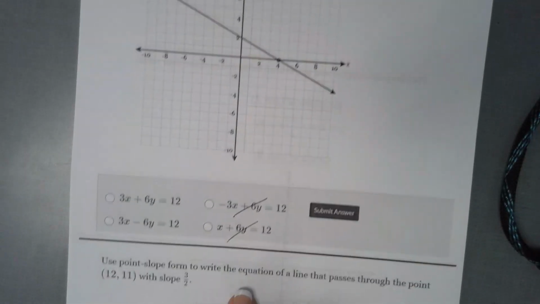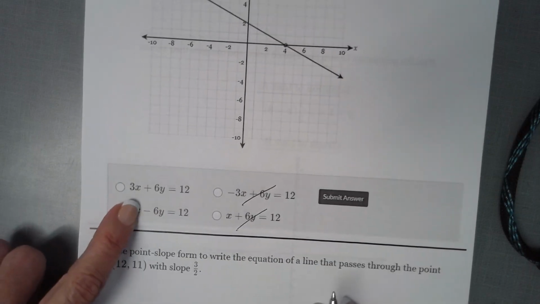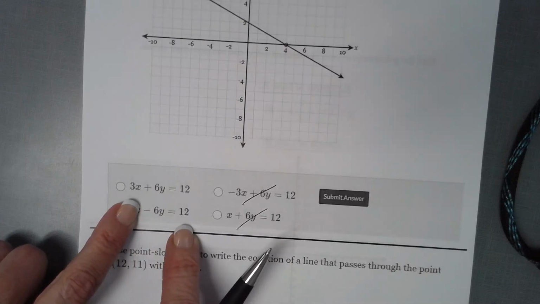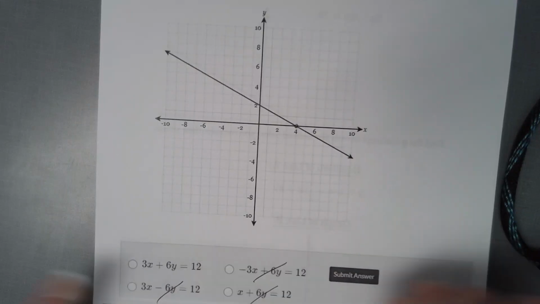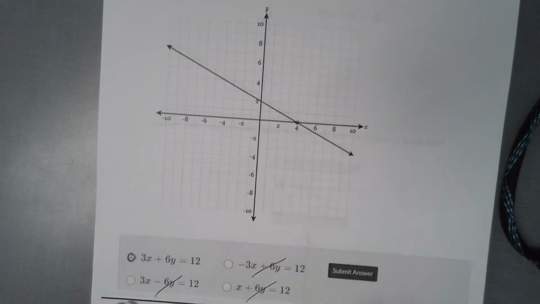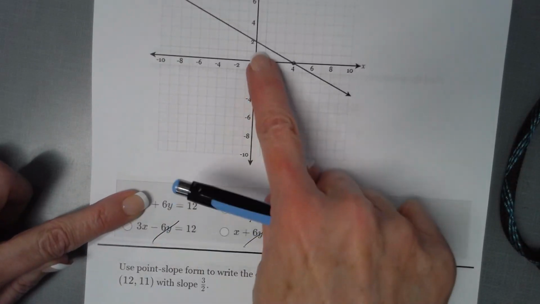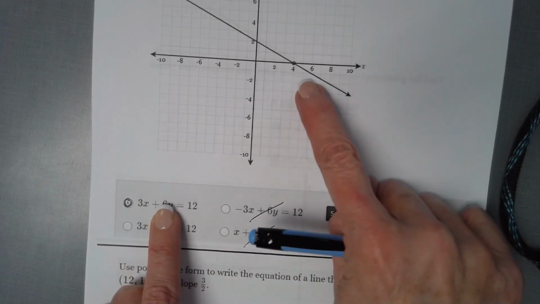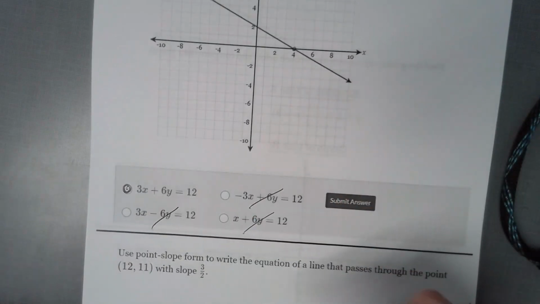Okay, do you see I'm doing that? Okay, so I get to here. I'm just going to cover up right there. My y-intercept is what? -2 when I divide. Well, that's not my y-intercept. Okay? So this is the correct answer, and you can check it. If I cover up and divide, my y-intercept here is 2. If I cover up and divide, my x-intercept here is 4. Okay? No work required there.